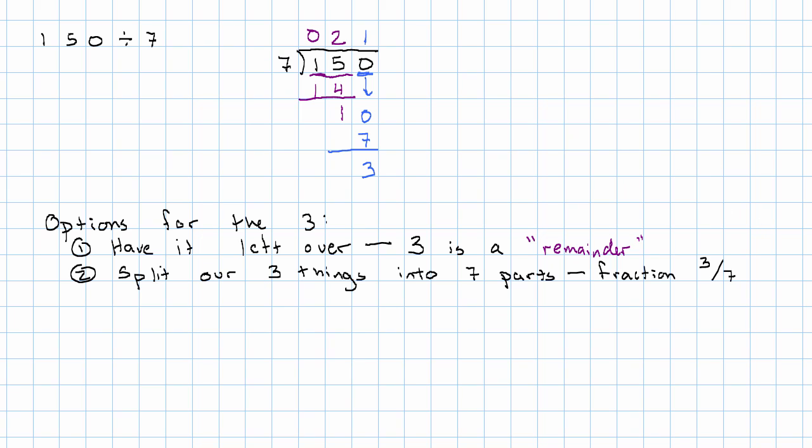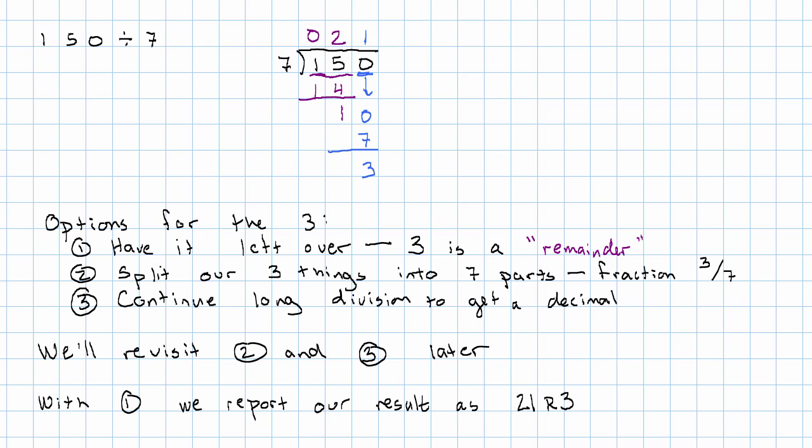And the third option is to just continue this long division process and get a decimal.